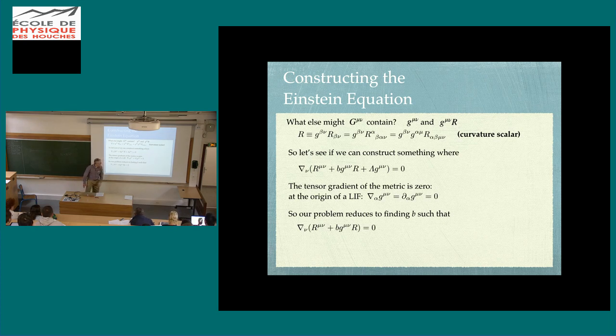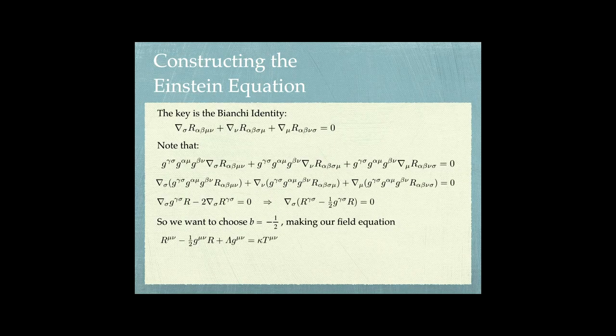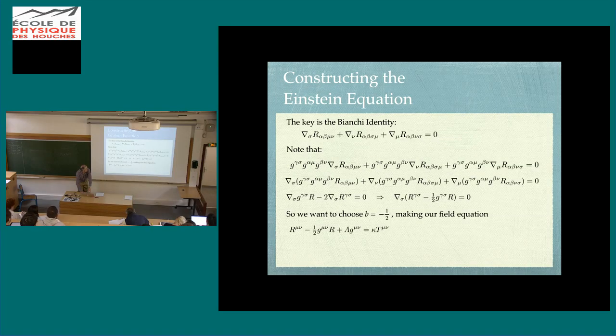So I'm worrying about this term. I want to know what that b has got to be. And the way to do it is through the Bianchi identity, which originally is in this form. Here I'm multiplying by a bunch of metric terms, multiplying each term by the same combination of metric to raise the indices.